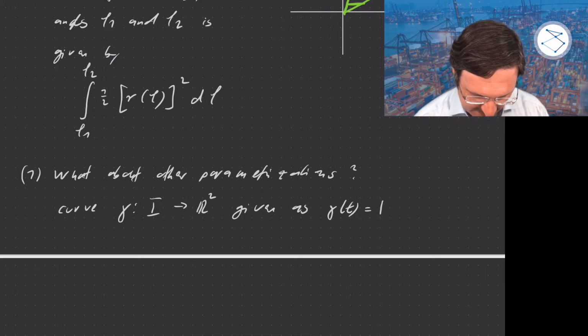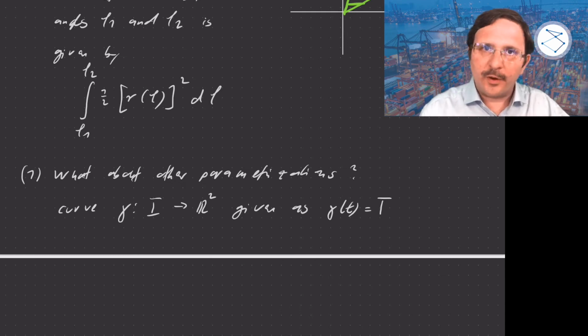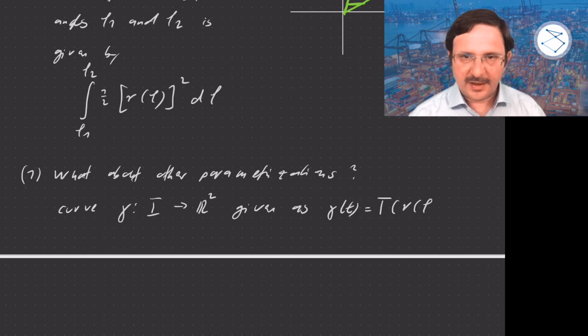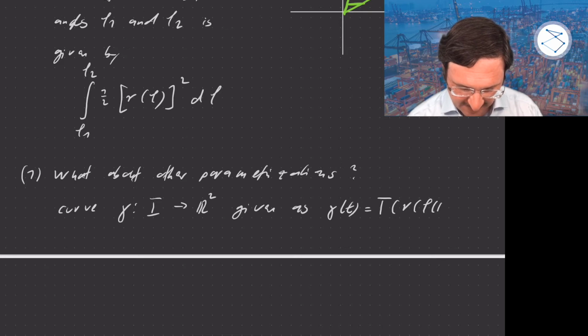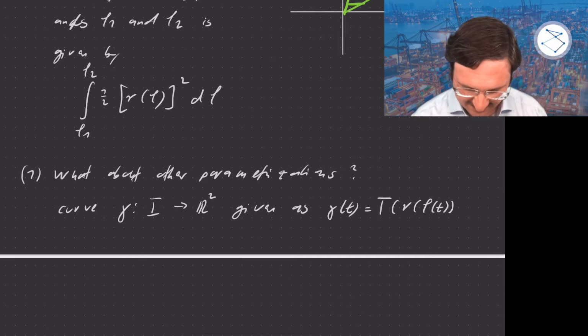Equals T of, and again, T is a transformation from polar to Cartesian coordinates. We have some radius that depends on phi. And now the difference is phi also depends on that parameter t. So t parameterizes phi and phi parameterizes r, right?